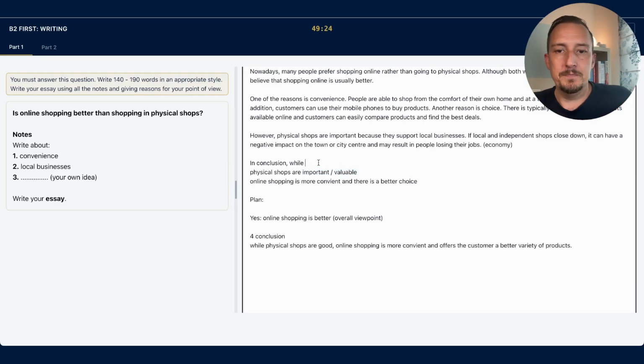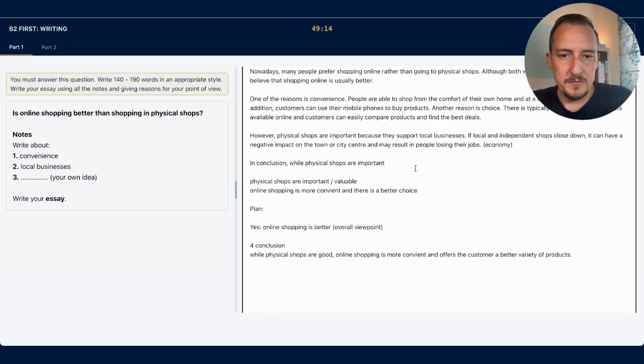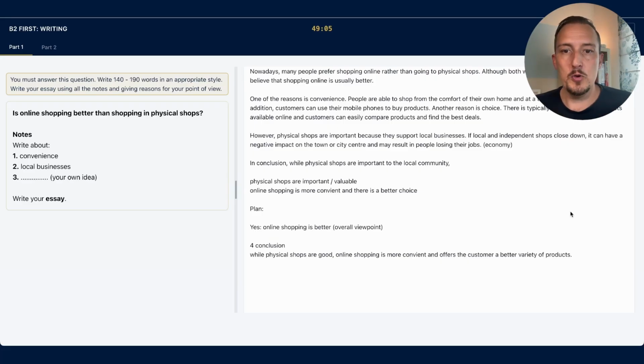So in conclusion, while physical shops are important, or valuable, we could say important, that's fine, to the local community, that's what we've said. Then we want to bring in the other contrast, which is our viewpoint.